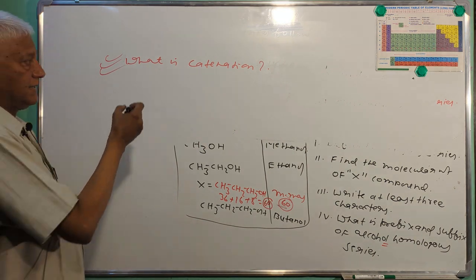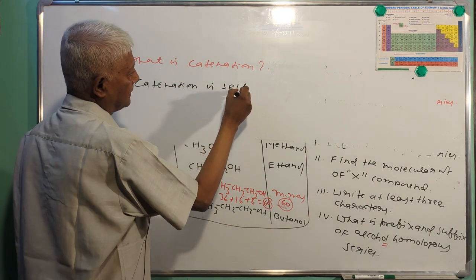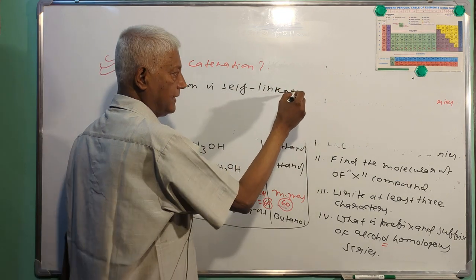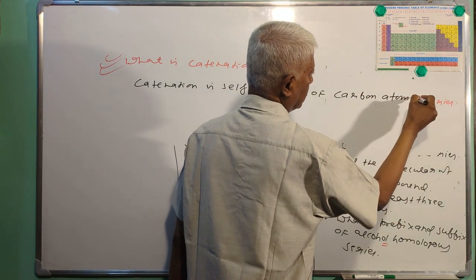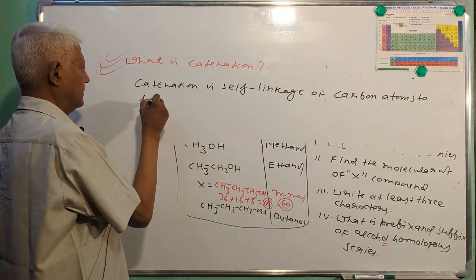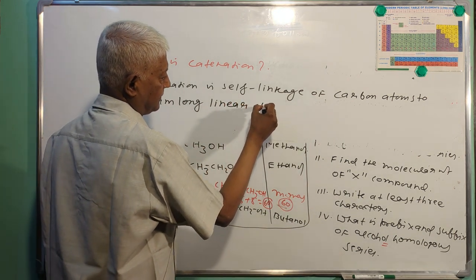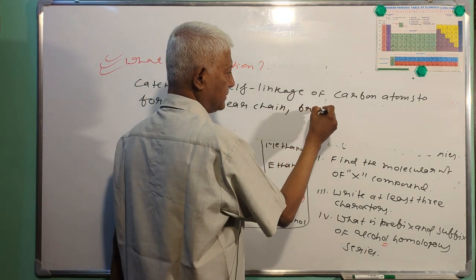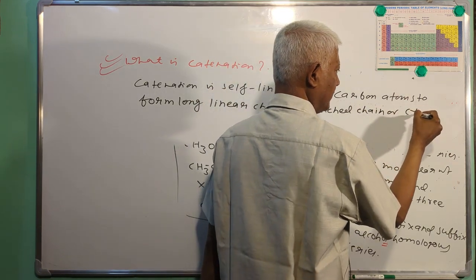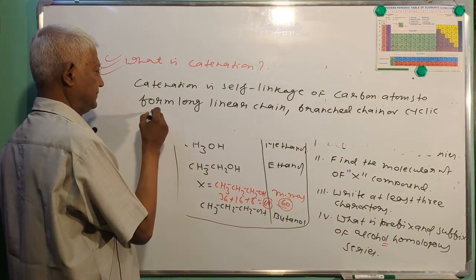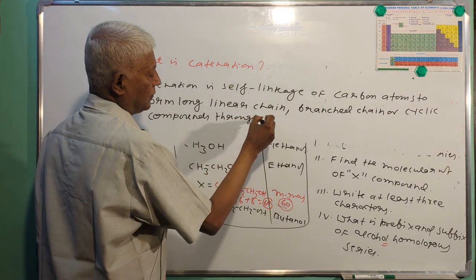Catenation is self linkage of carbon atoms to form long, maybe linear chain, maybe branch chain, maybe cyclic compounds through covalent bond.